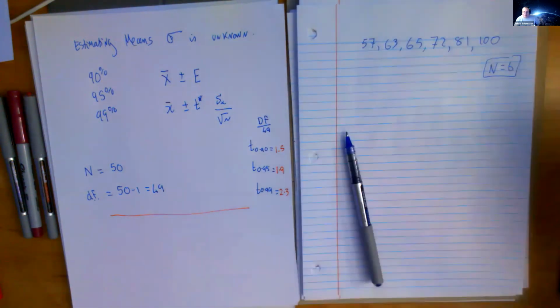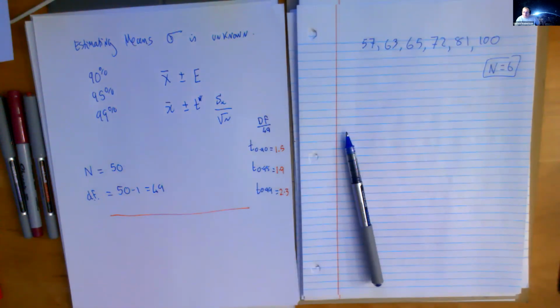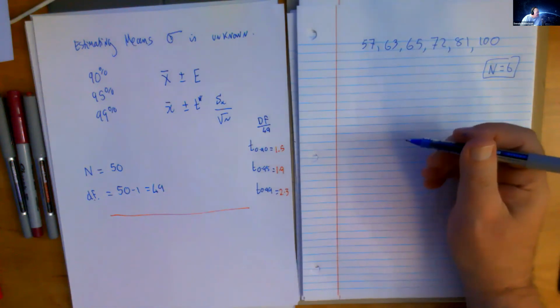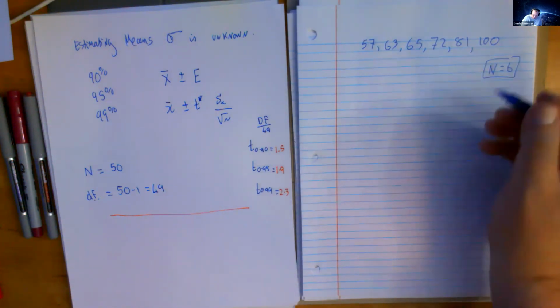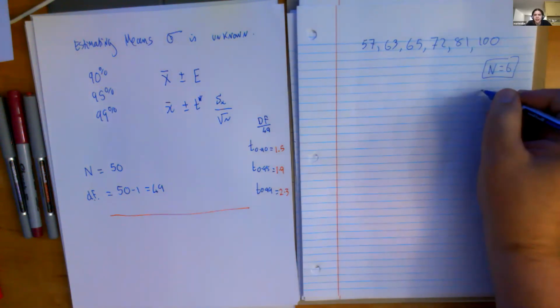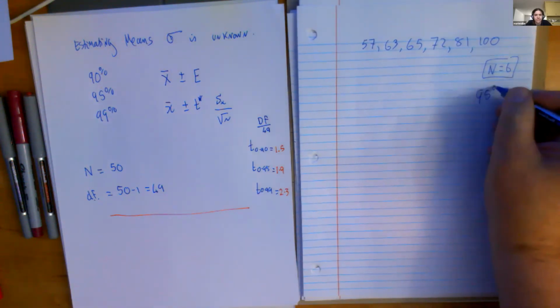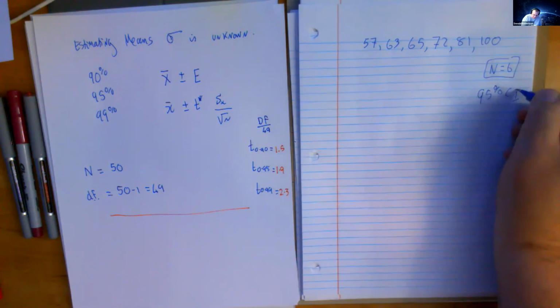So we need to get this information. That's really all we've got. And what kind of confidence interval do you want? Give me a number, because this will be part of the question. 95. Okay, so we're going to find a 95% confidence interval.